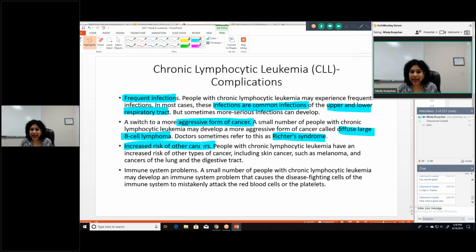Increased risk of other cancers will also be a complication. And then immune system problems: people that have CLL may develop immune system issues because the disease-fighting cells of the immune system may mistakenly attack the red blood cells or the platelets.